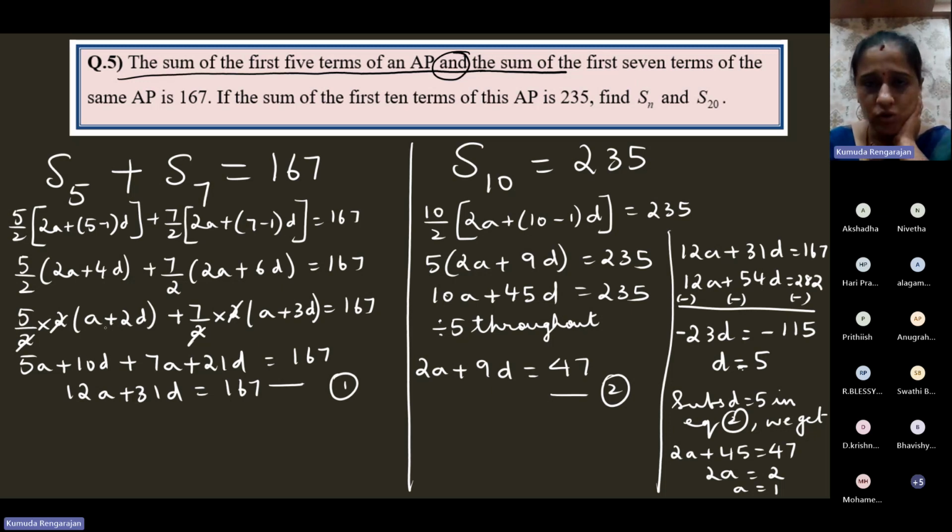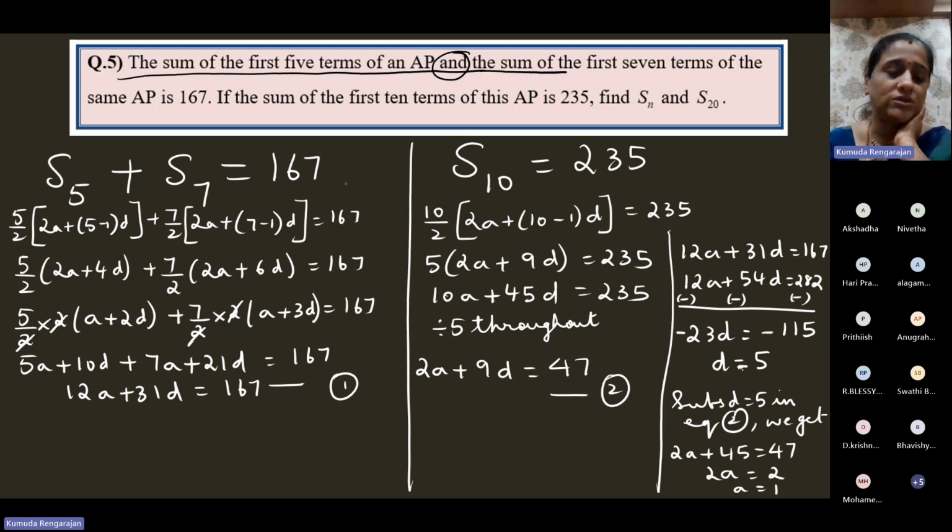So this is addition, right? Same sense here. The sum of the first 5 terms of an AP and that means plus the sum of the first 7 terms of the same AP is 167.